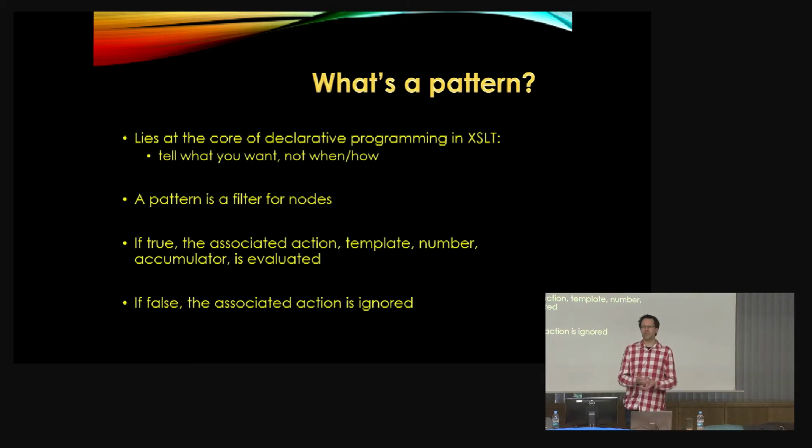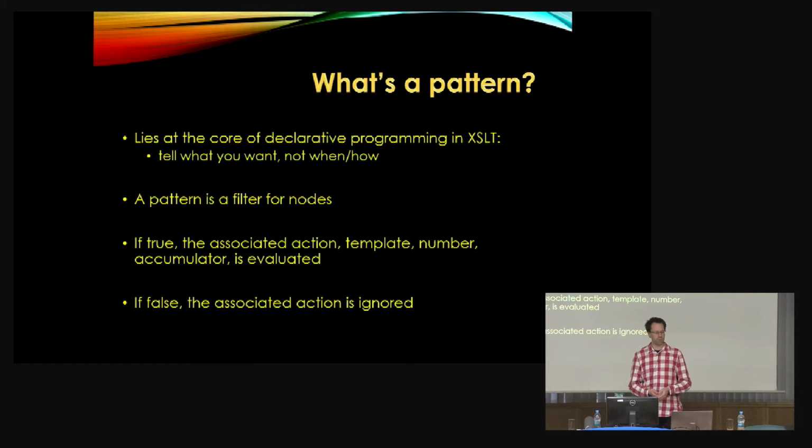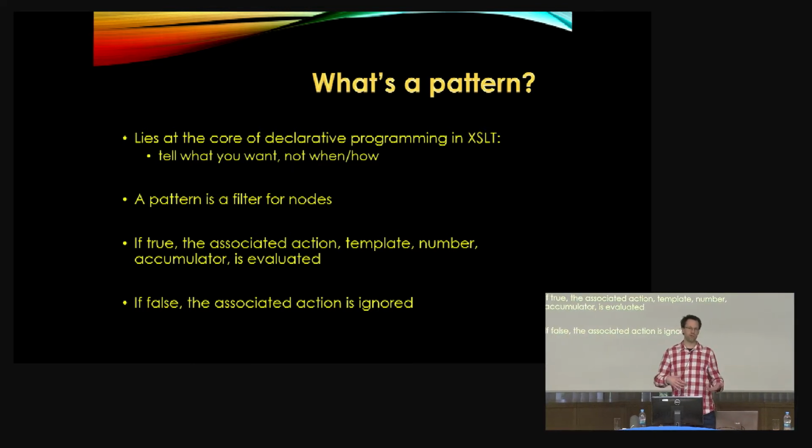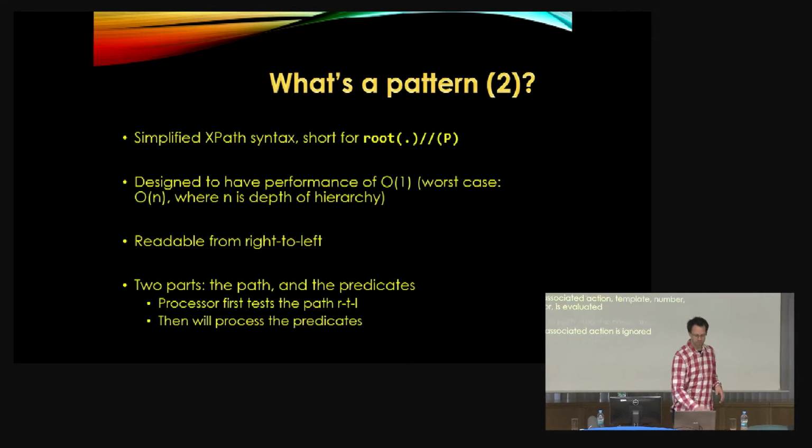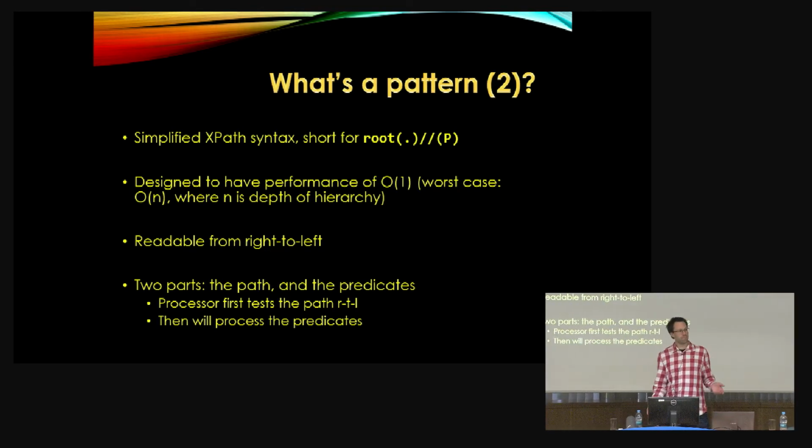So what actually is a pattern? You can look at it in various ways. A pattern is like a filter for nodes. If it's true, then the template is executed. If it's false, the template is ignored. Another way to look at it is that it's a simplified XPath syntax with only the forward access.